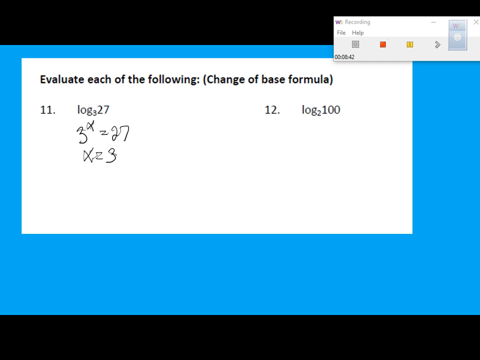Now, to solve this as a logarithm, I want to show you what's called the change of base. If I write this as an exponential, 3 to the x equals 27, and take the log of both sides, I get x log of 3 equals log of 27. I'm going to divide both sides by the log of 3.